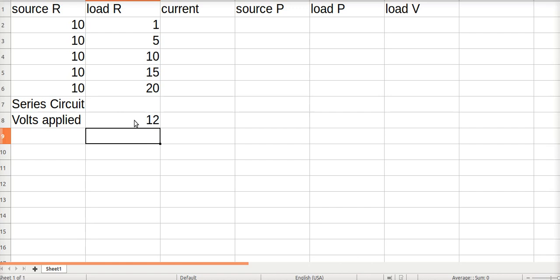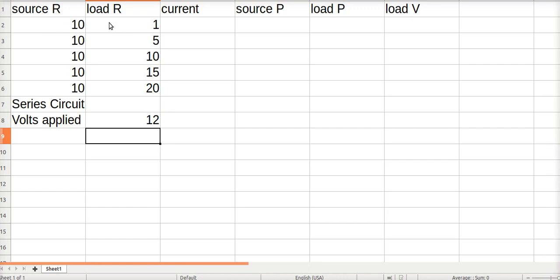So 12 volts applied, it's a series circuit. My source resistance is within my battery, or within my power supply, and then my load resistance is the load resistance that I am putting from positive terminal to the negative terminal of my power source.